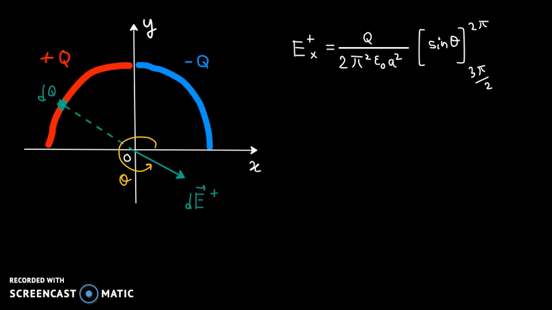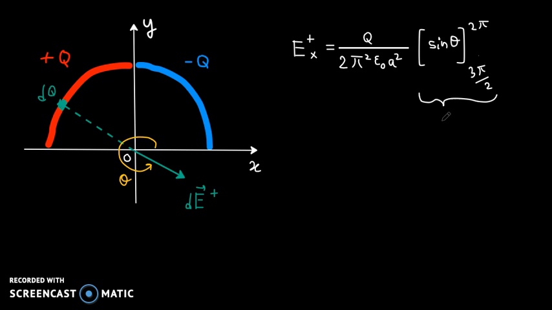Here I copied my result from the x component of the electric field due to negative charge distribution. The only thing I changed is the integral limits. So I have the lower bound set to 3 pi over 2 and upper bound set to 2 pi. What is this equal to?